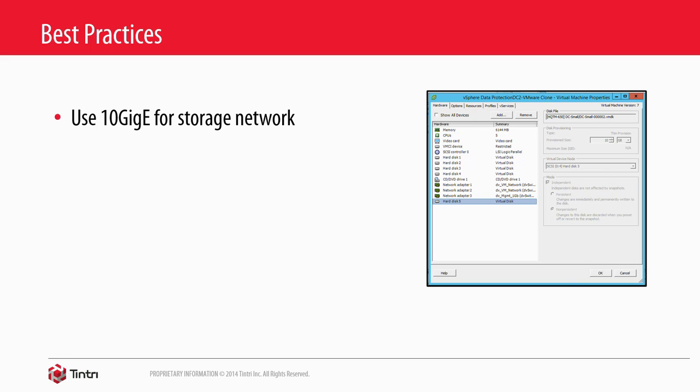The destination holds the backup target. So you want to use a 10 gig storage network so that you have the bandwidth to put all your data to the physical media server, media agent. The proxy server in this sense must be a virtual machine.